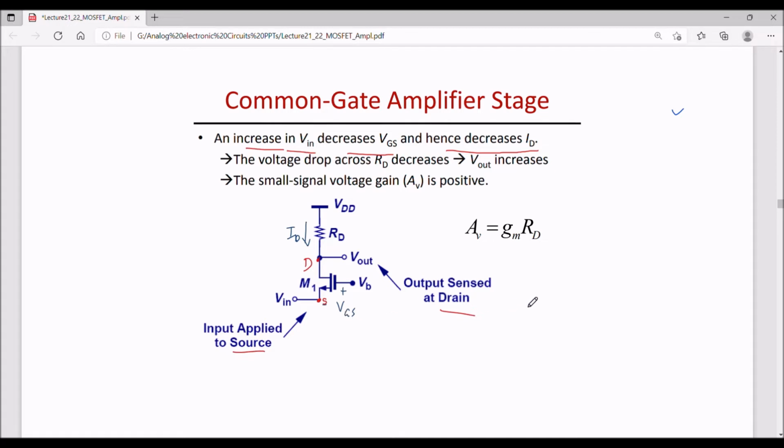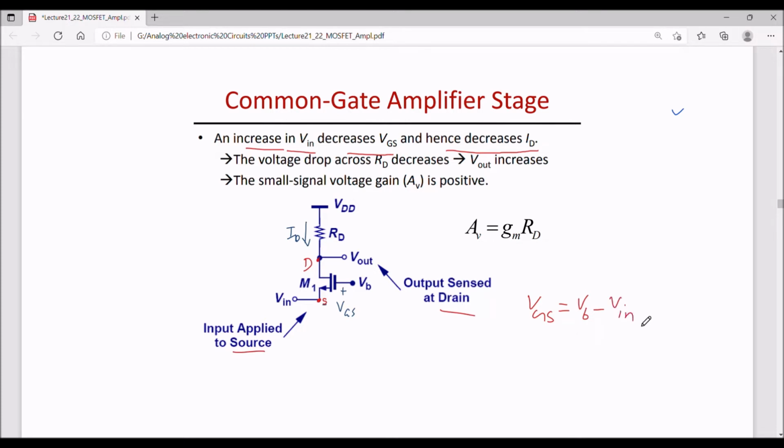One can write VGS for this circuit, since VG is equal to VB and VS is Vin. So I can write VGS as VB minus Vin.